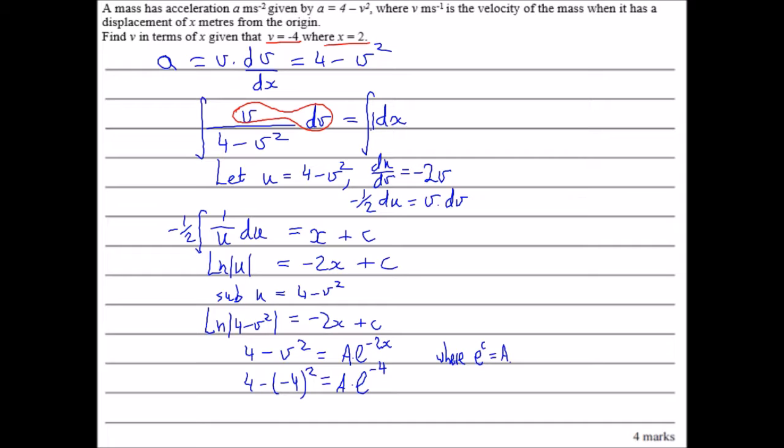Well, left hand side here goes to 4 take 16, which is a negative 12. And this is a divided by e to the power of 4, because it's got that negative power. And so therefore a is equal to this result. We have negative 12 e to the power of 4 as our result for our constant a.